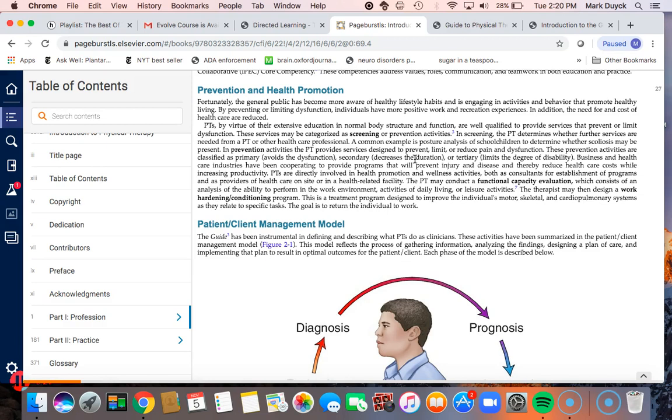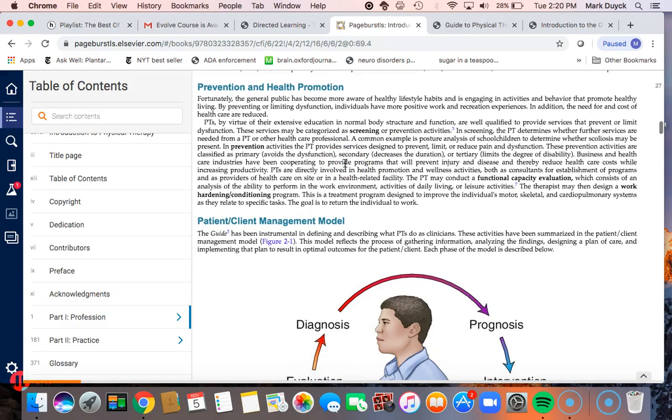So that would be a way of screening and also looking at prevention of injuries. If there is potentially a problem, to have that conversation with the individual athlete or parent and guardian as well. So prevention is a real big component of what we do, and it's called out in the Guide to Practice as well.